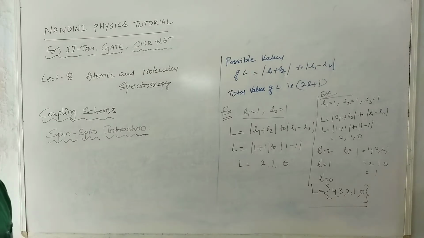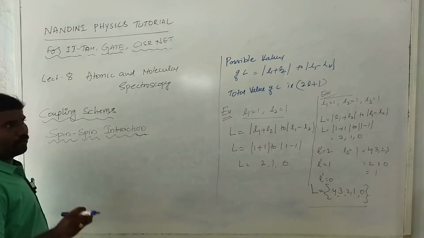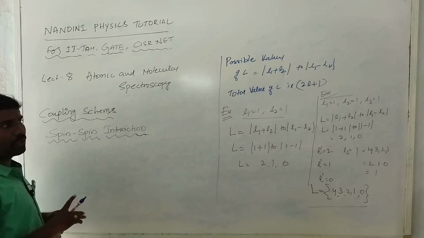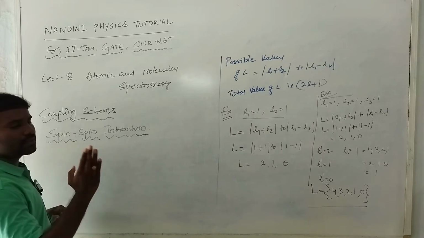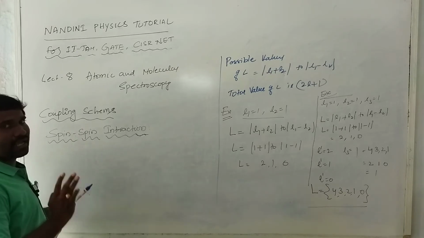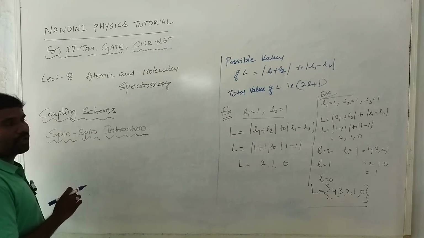If you see in the spin spin interaction, like in the orbit orbit interaction, if you consider orbital quantum numbers, you will take an infinite number of orbital quantum numbers. These orbital quantum numbers are oriented about their principal section. That principal section is given by the triangle law. Using the triangle law, the principal section is nothing but the total orbital angular momentum.